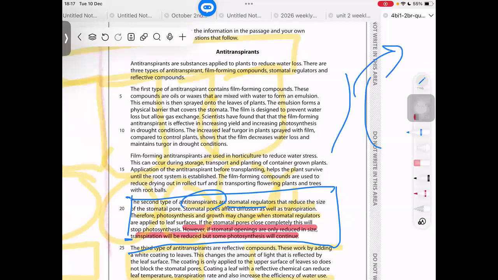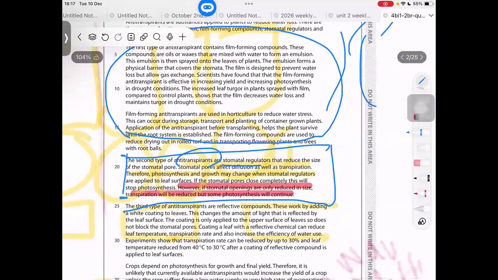So if you want to reduce the water loss from a plant, you can apply any antitranspirants. They have already talked about a type of antitranspirant over here, which was not required for any of the questions that were asked in the paper. But now the second type of antitranspirants are important for us. What are those? They are stomata regulators.